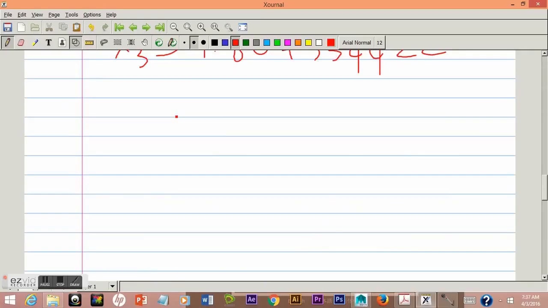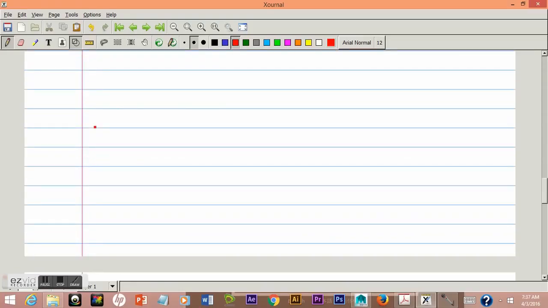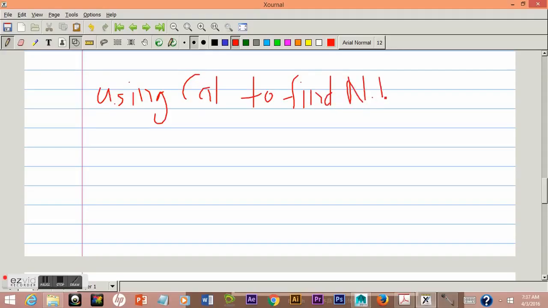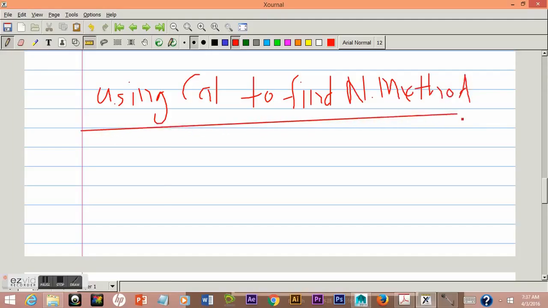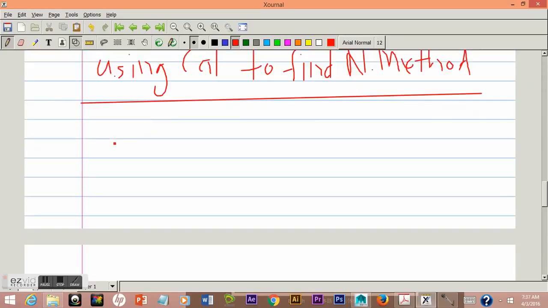Underline this. So what our first step is, check whether your calculator is in radian mode. This is important.